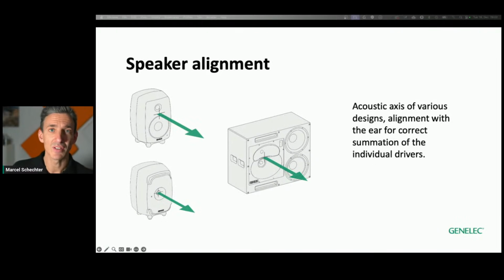If it's a point source, it's very easy. It's just starting at the center of the coaxial driver. And if it's a classical three-way system we also have, then it's also between tweeter and midrange. You know why? Because the wavelengths of the woofers are very long and they are not that critical compared to what's happening in the mid and high frequencies. So always align these acoustic axes towards your ears.